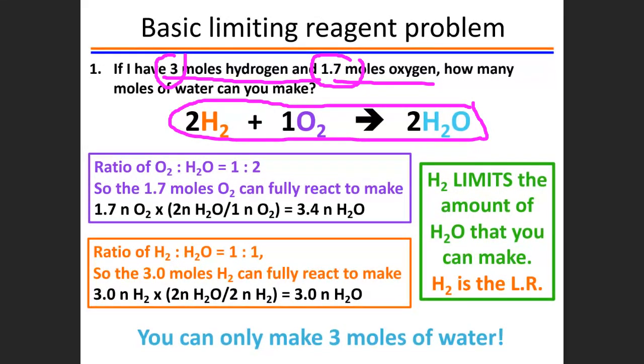Simple, calculate: for 2 we need 1. That means 1 mole needs 0.5. Correct? So 3 moles actually need 1.5 mole of oxygen. But we have 1.7. So that means for this ratio, hydrogen is the limiting reagent. Got it? The amount is very small, so I can just look and see, but you can always calculate, and that we are going to see here.